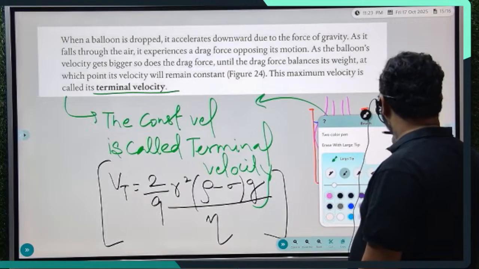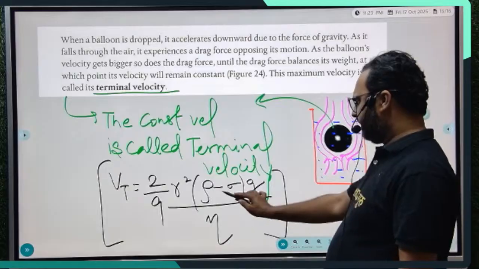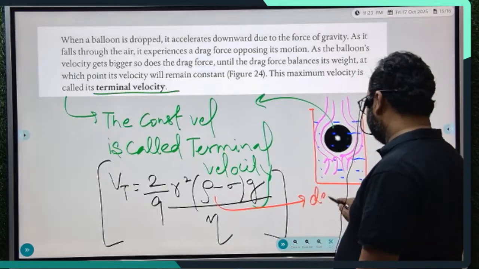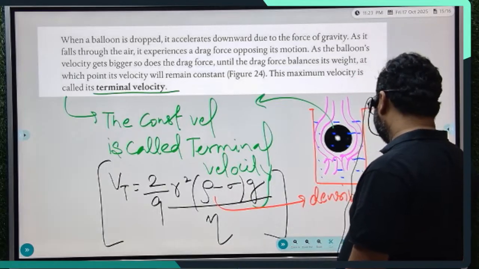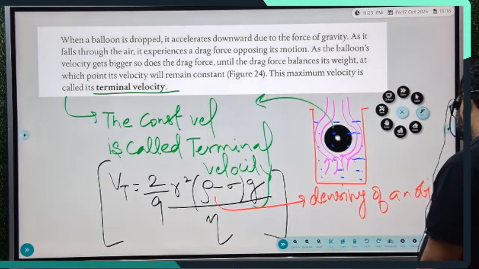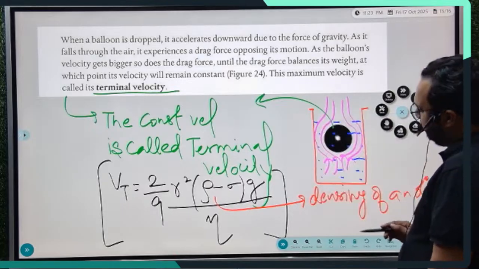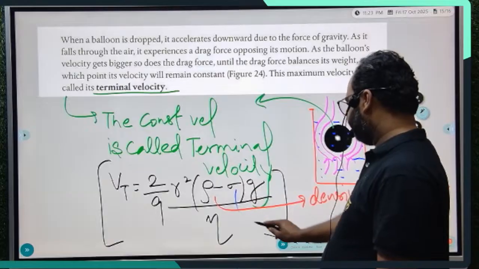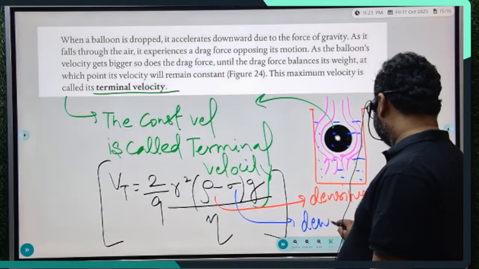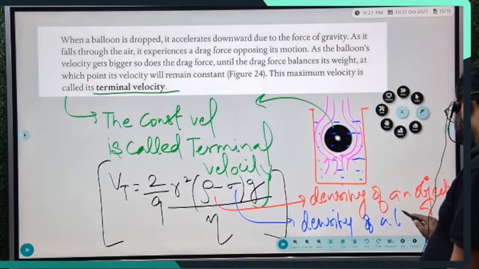What is rho? Density of an object. What is sigma? Density of a liquid.